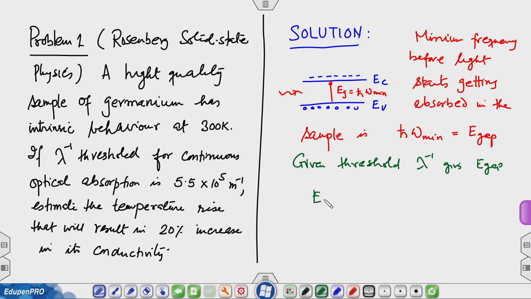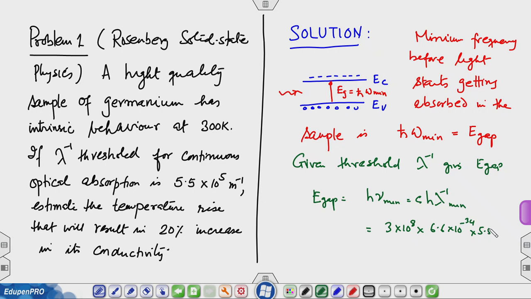So, E gap is going to be h nu or h cross omega min, which is h lambda inverse min, that is the threshold, times C. You plug in the numbers: C is 3 times 10 raised to 8, times h, 6.6 times 10 raised to minus 34.